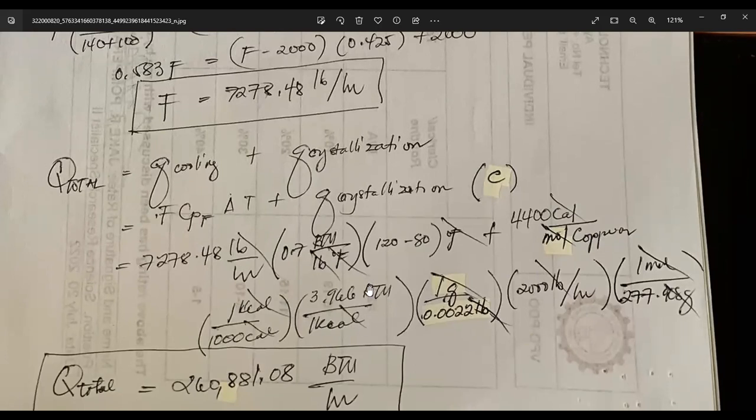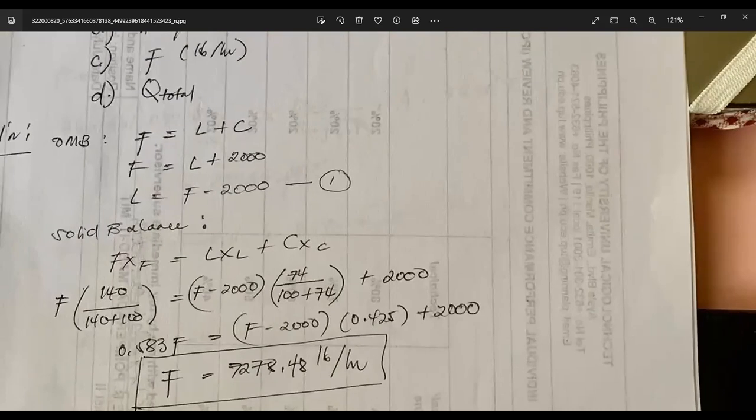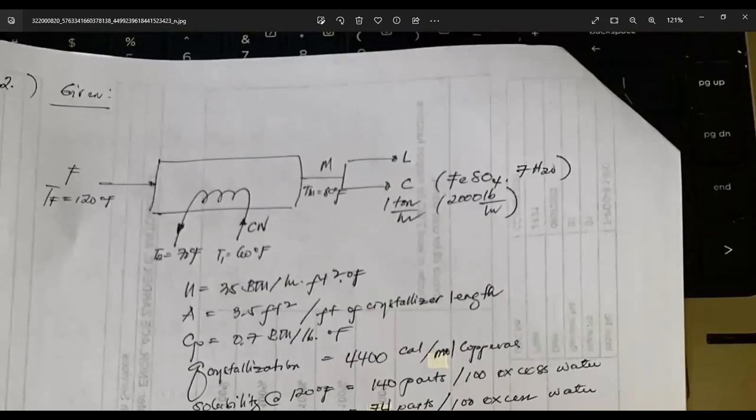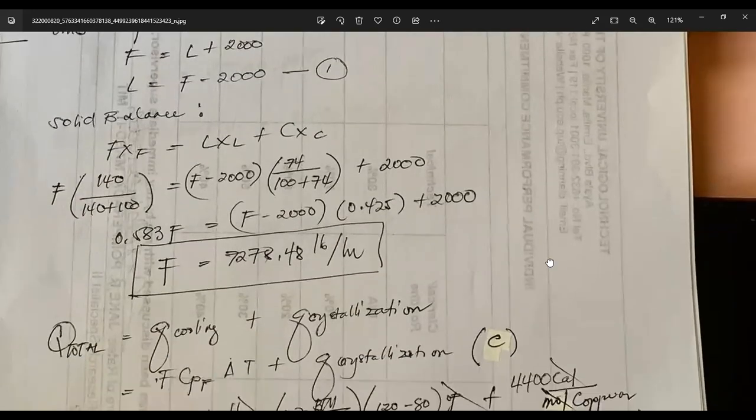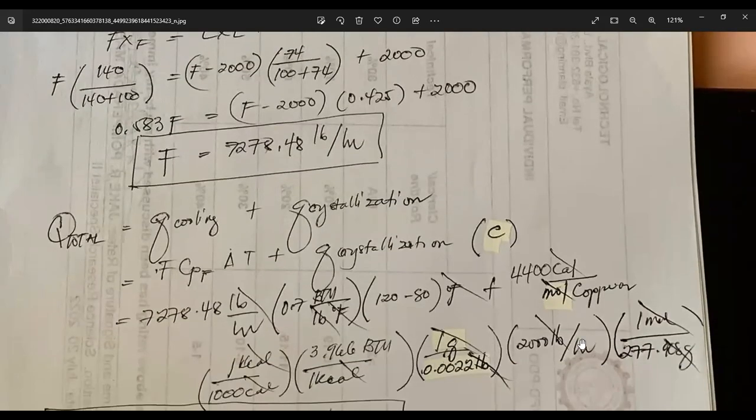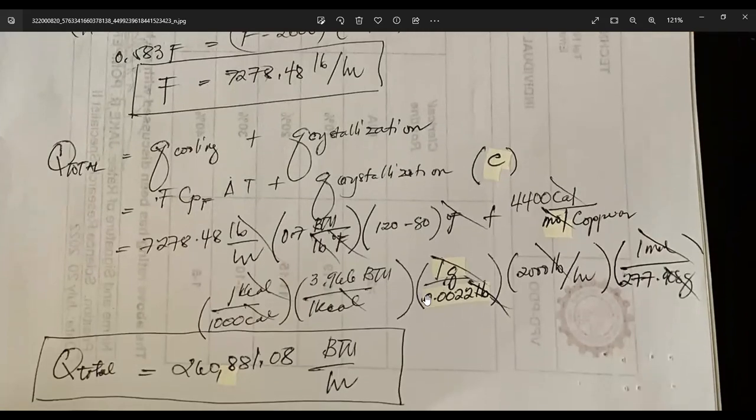Then I have the pound here. Where did I get the pound? So this is already BTU. And I have the conversion of the grams to pounds.